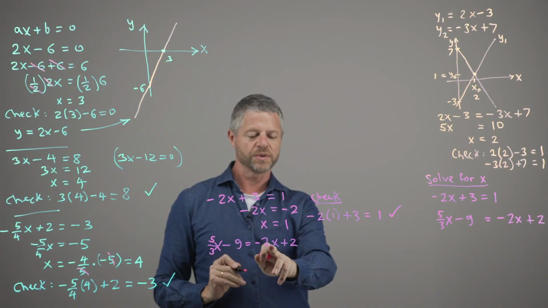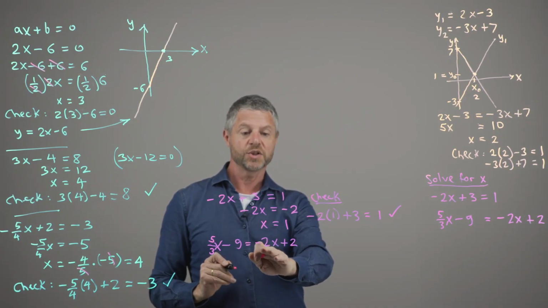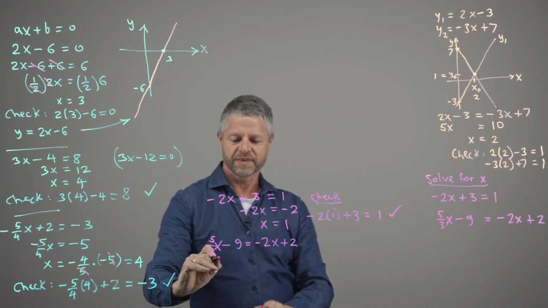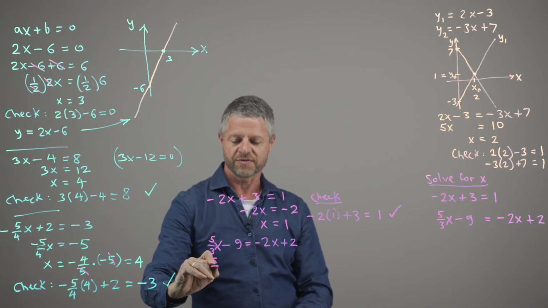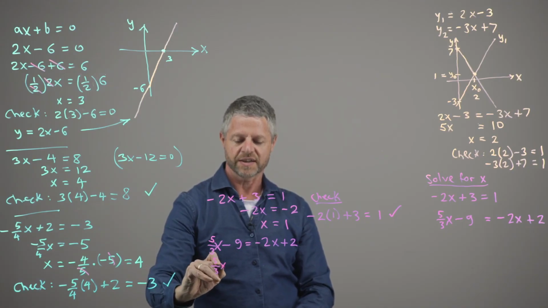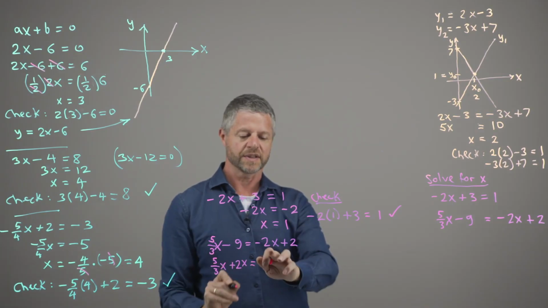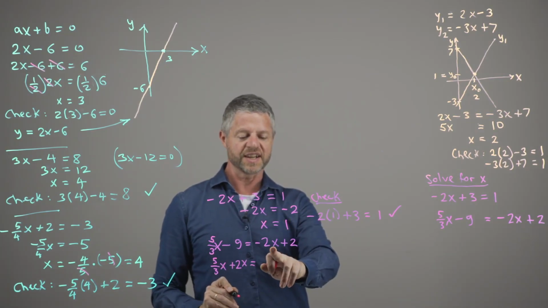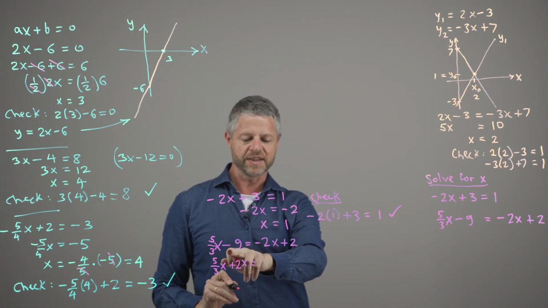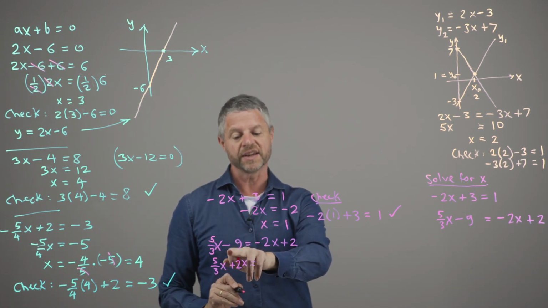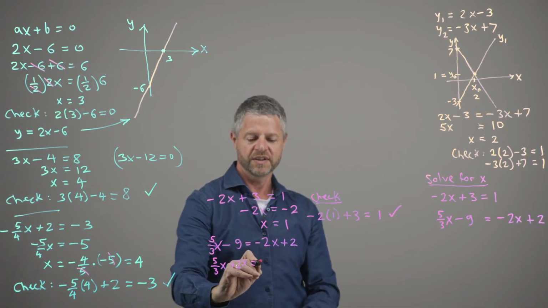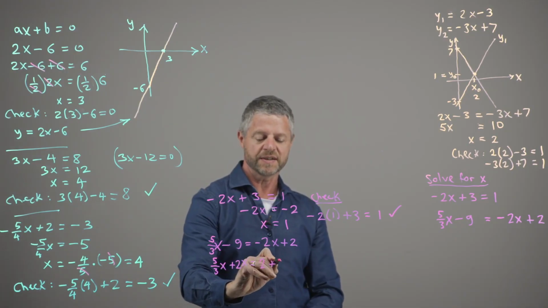So we'll add 2x to both sides. So we'll have 5/3 x plus 2x. So that will get rid of the x on this side. And then to get rid of the minus 9 on this side, we'll add 9 to both sides of the equation. So we'll have 2 plus 9.